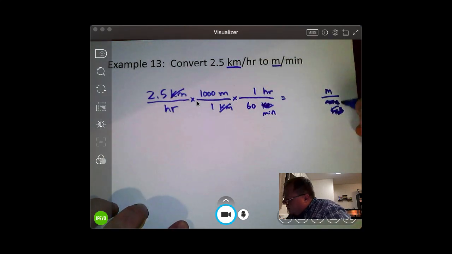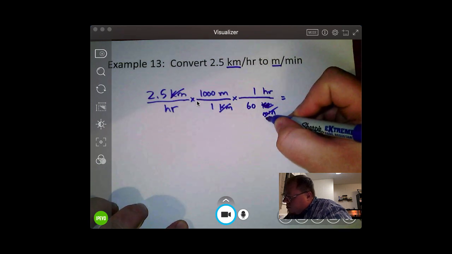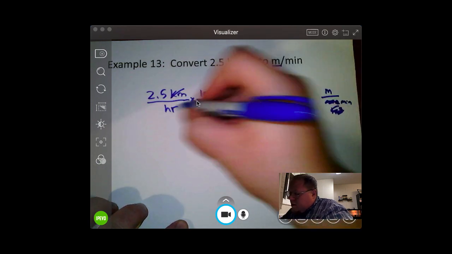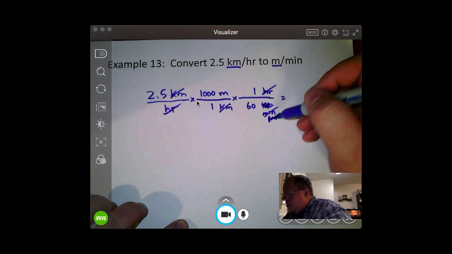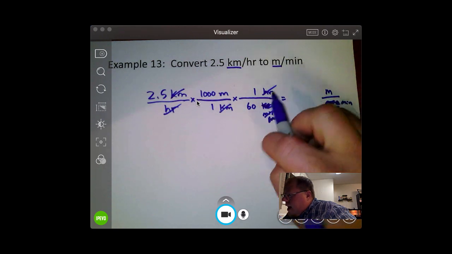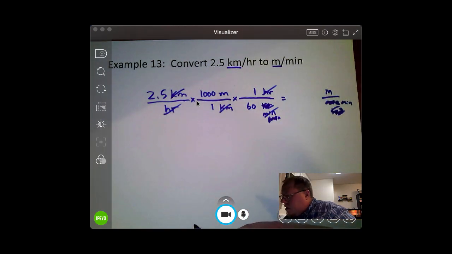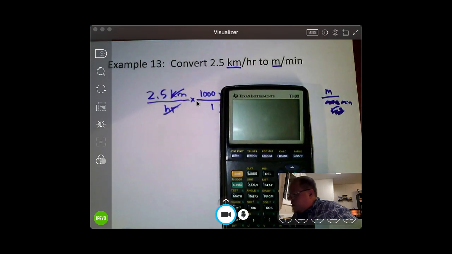So this will get me my meters. Hours divided by hours. Minutes is what's left. I'm sorry, I didn't mean to cross that off. Okay, this will get me my hours gone, and it'll leave me with per minute. All right, so I'm going to take this and punch it into a calculator now.